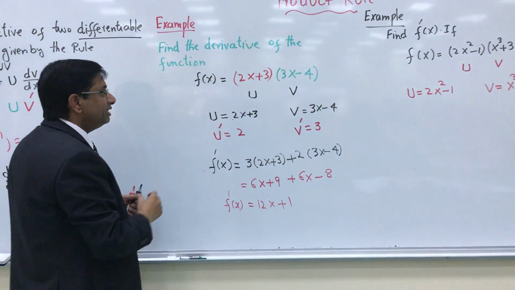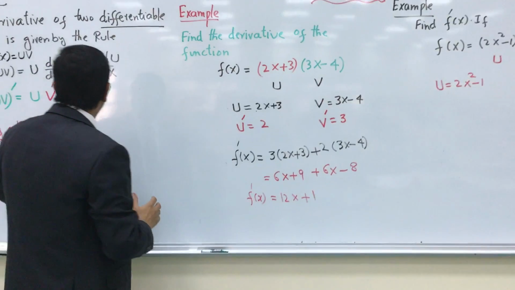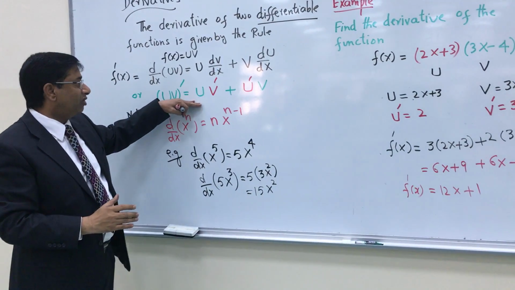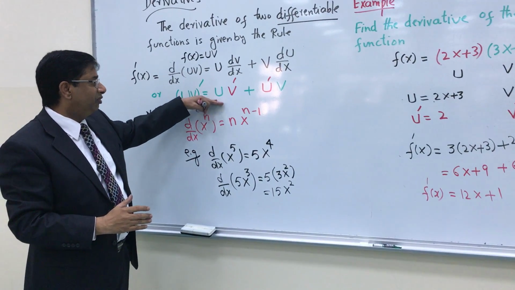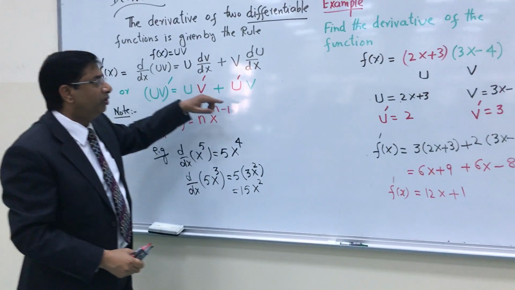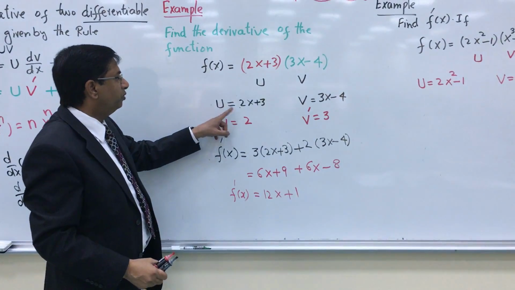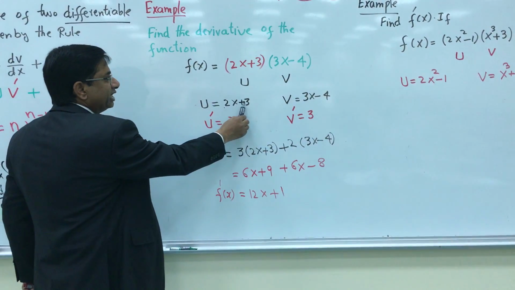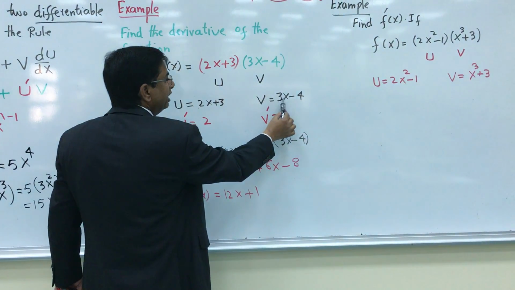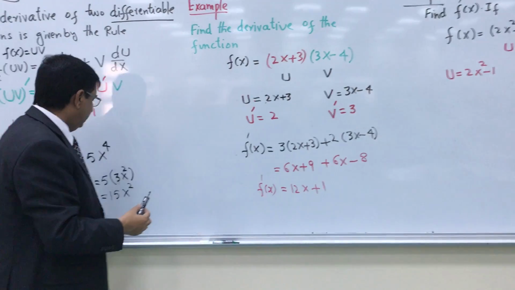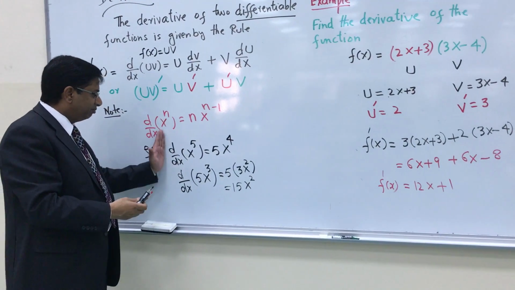Before applying this rule, don't write the formula directly; first write down u equals 2x plus 3 and v equals 3x minus 4.